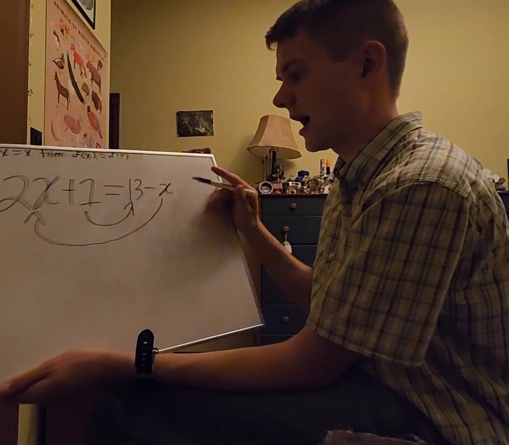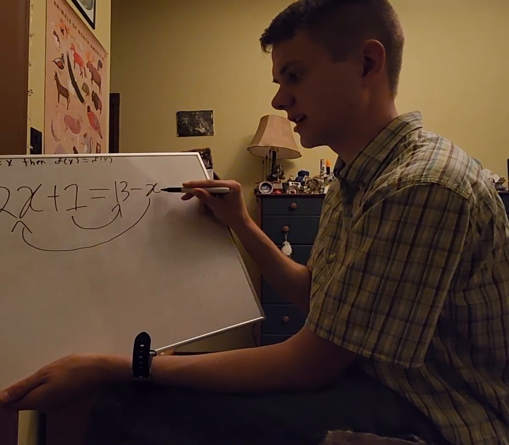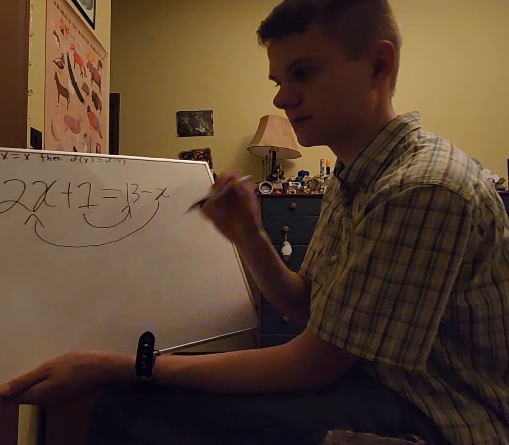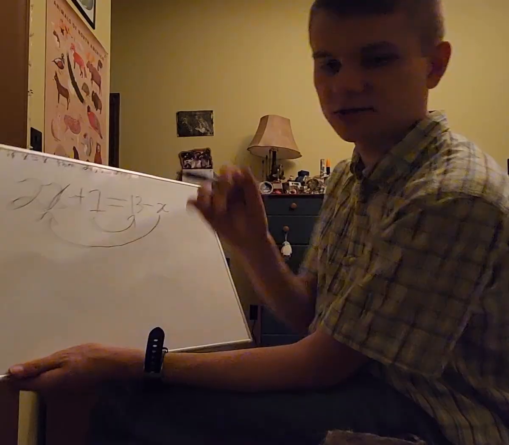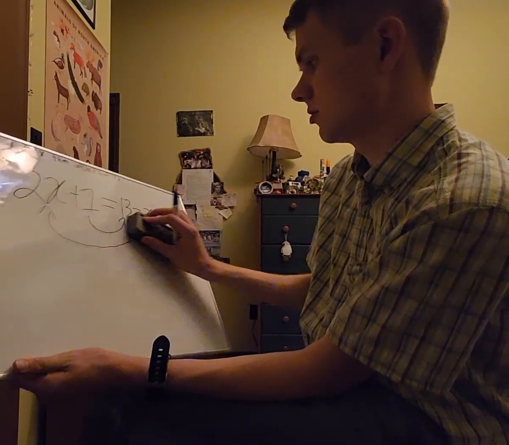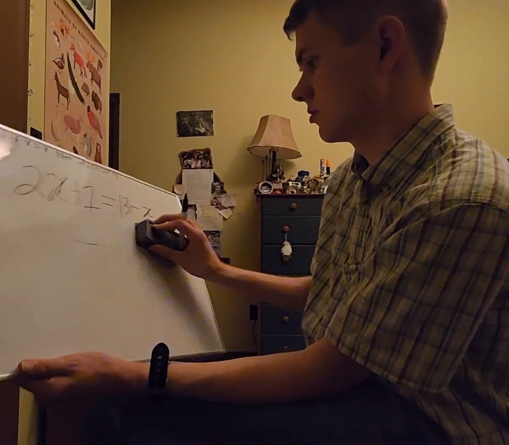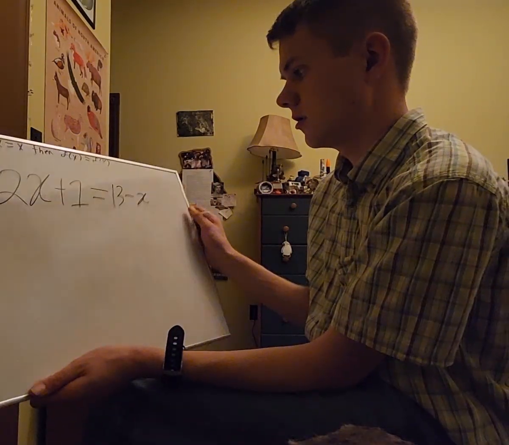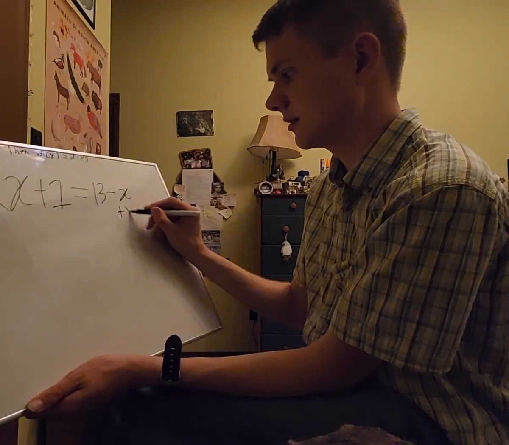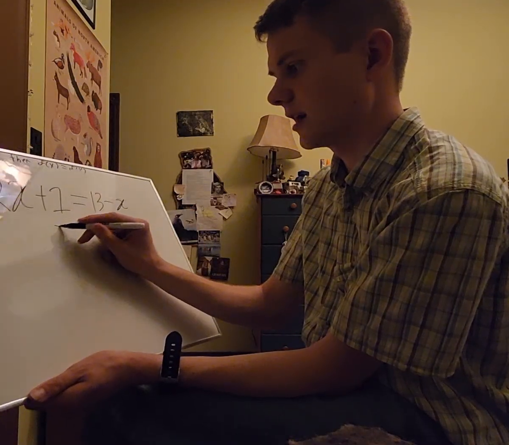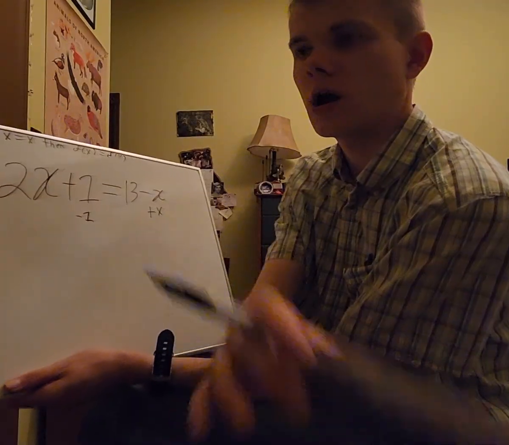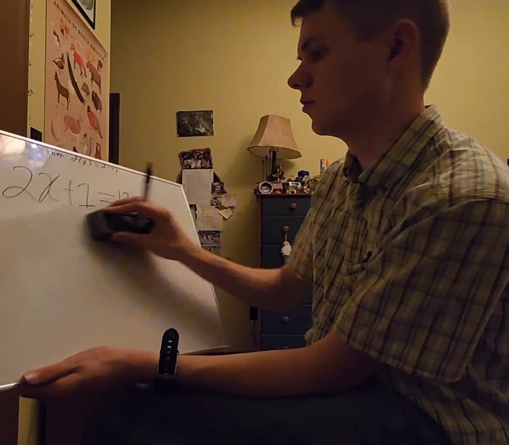Well, we need to add an x to this side to cancel it out, and we need to subtract a 1 from this side to cancel it out. In other words, we need a plus x, and we also need a minus 1. These will work. I'm just going to do it one by one.